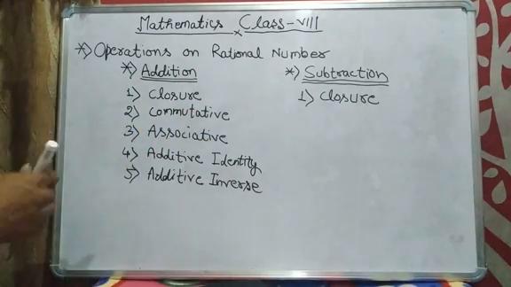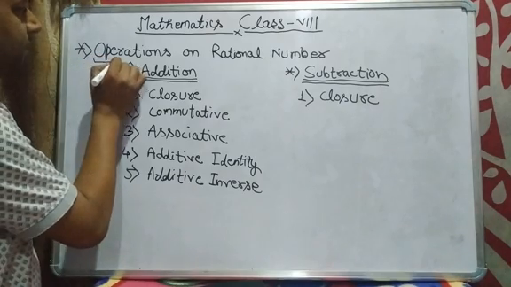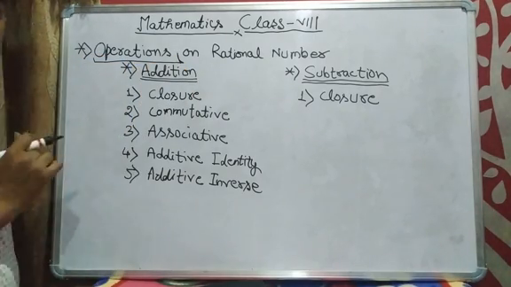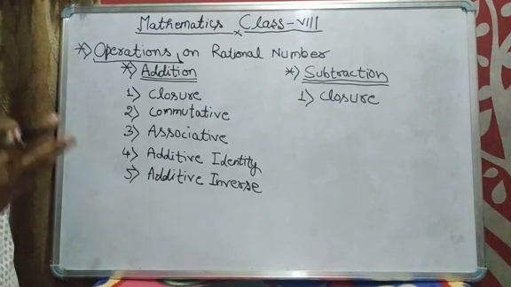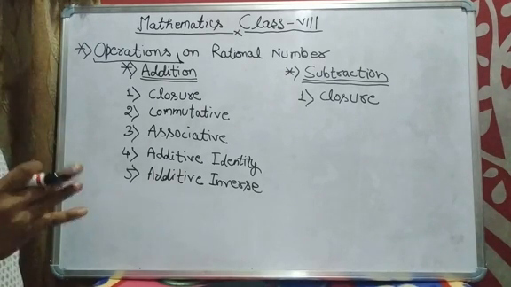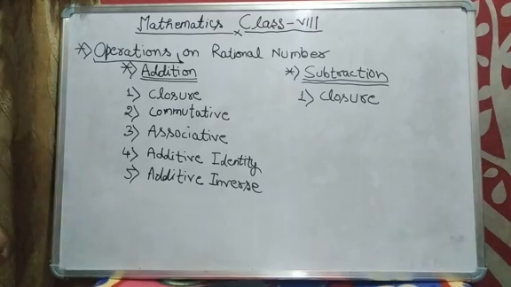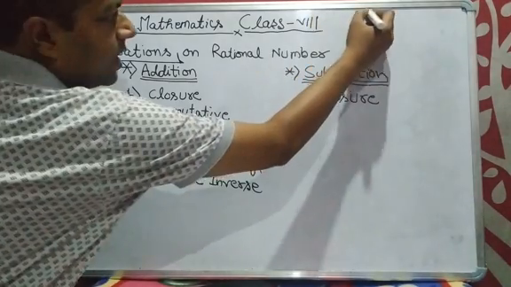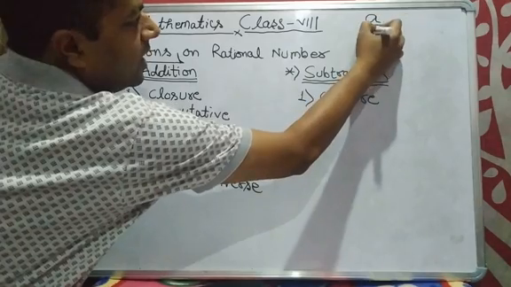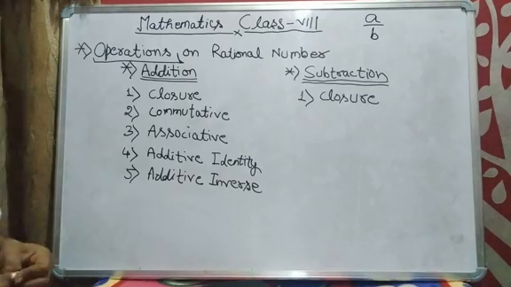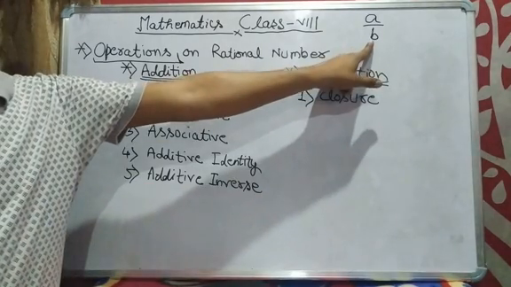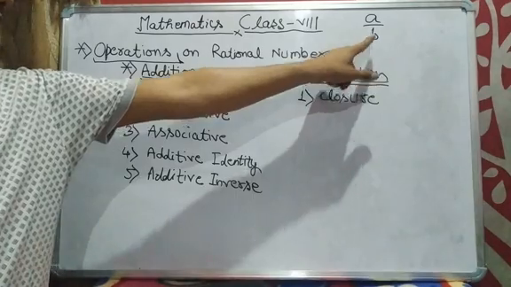As I told you in the last video, operations means the basic fundamental operations of maths: plus, minus, multiply and divide. Rational numbers we were talking about in A upon B form, or P upon Q, where the denominator cannot be equal to 0.